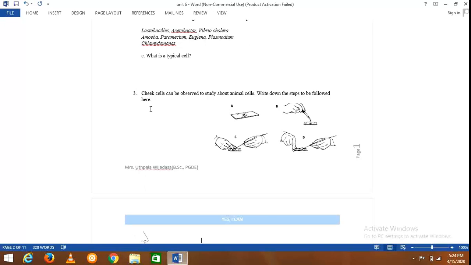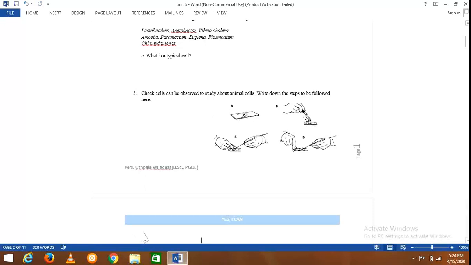Transfer the specimen onto the slide. Cover the specimen using a cover slip without allowing any air bubbles. Remove the excess liquid by using a blotting paper. Then observe through the light microscope.